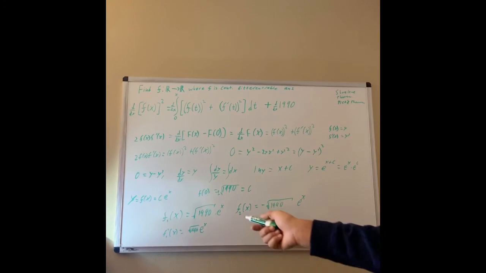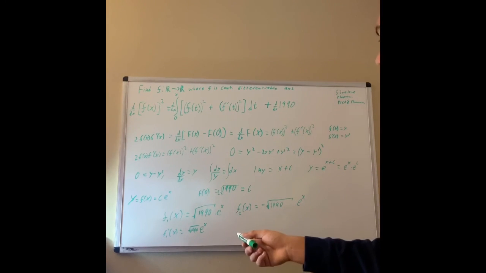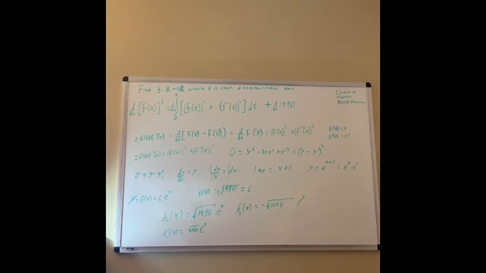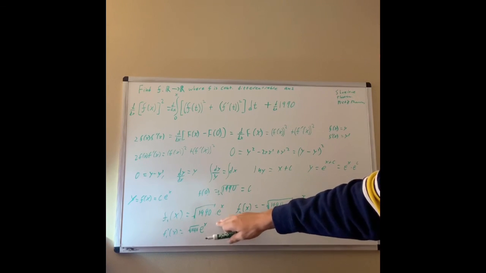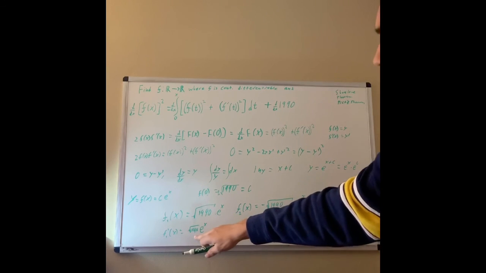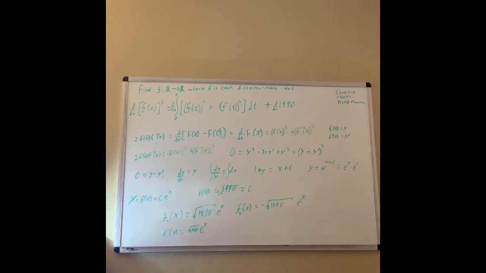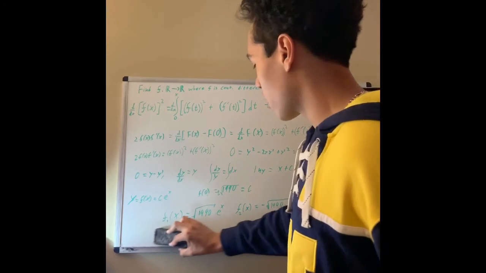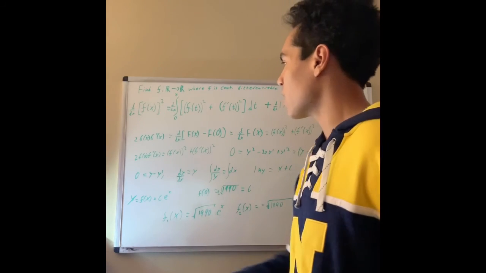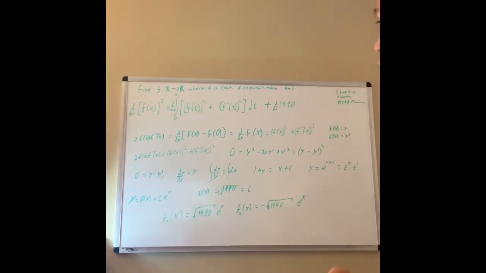So then we want to do this thing squared. It's going to be 1990 e^(2x), and then we're going to have e^t squared, so it's e^(2t) times 1990. And yeah, okay, so that should work out. I think that's the right answer. Sorry if that check was pretty sloppy. I just did it kind of fast in my head.